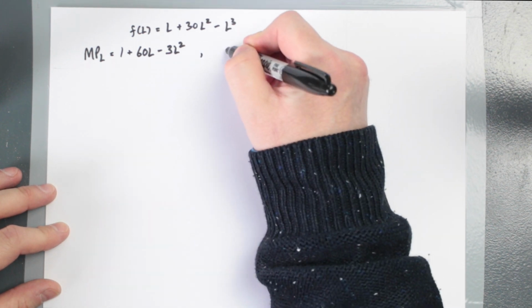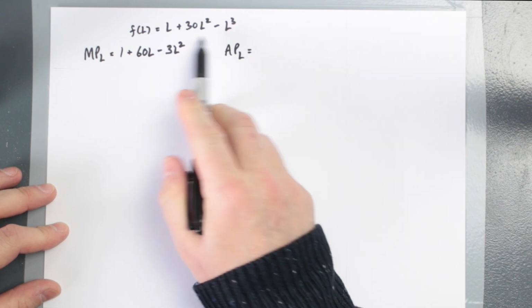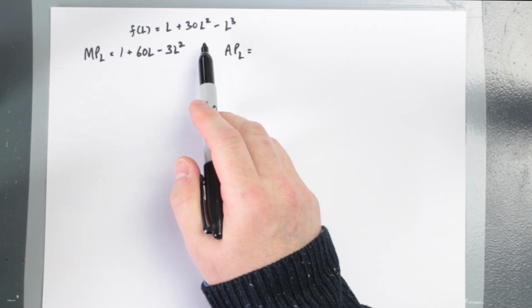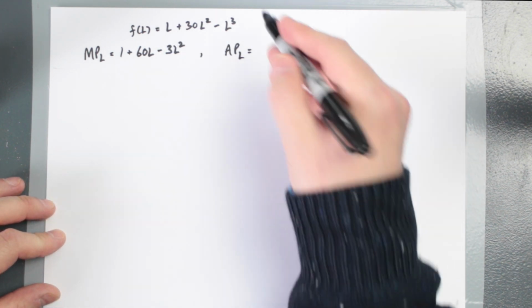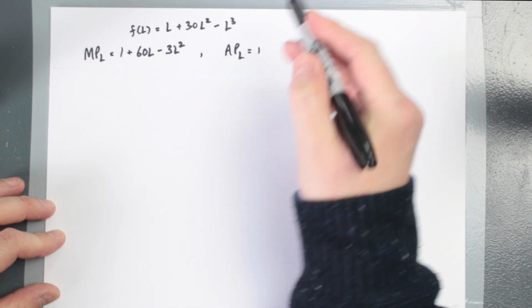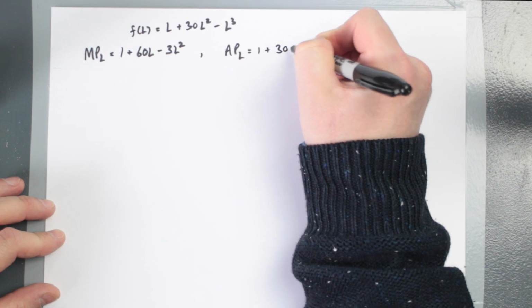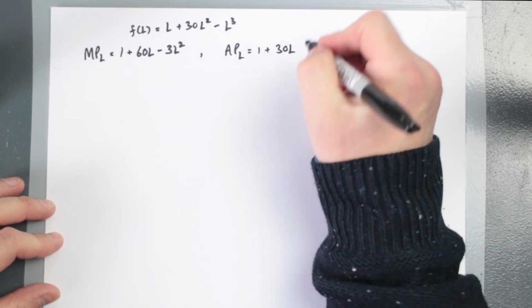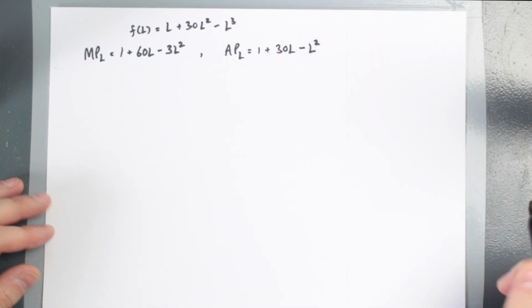The average product of labour would be the short-run production function f of L divided by L. So if I do this here, L divided by L is 1. 30L squared divided by L is simply 30L. And minus L cubed divided by L is simply minus L squared.